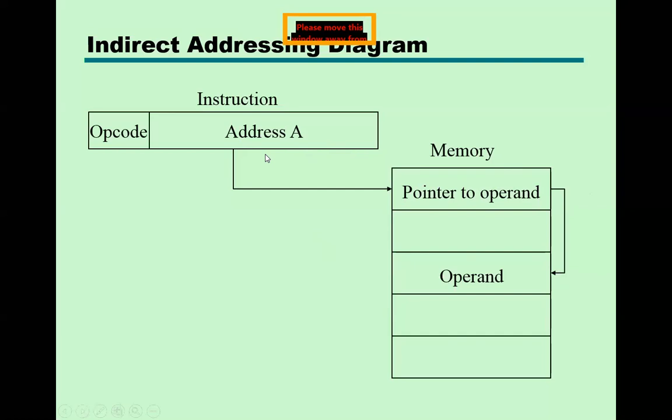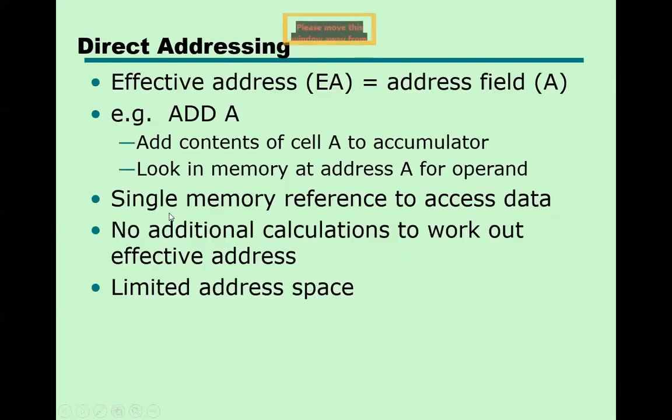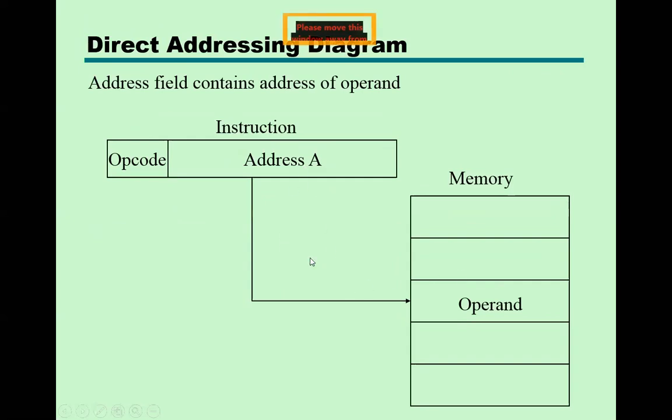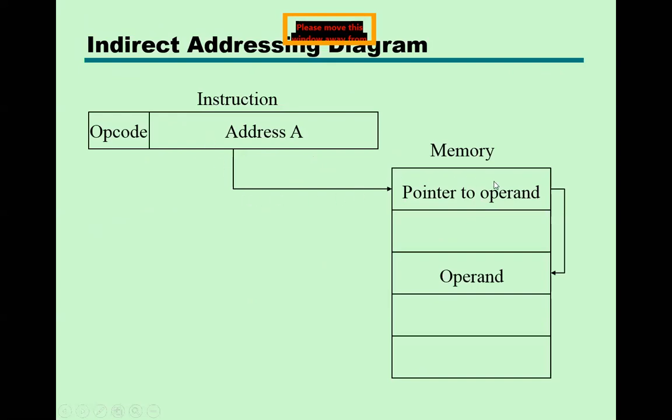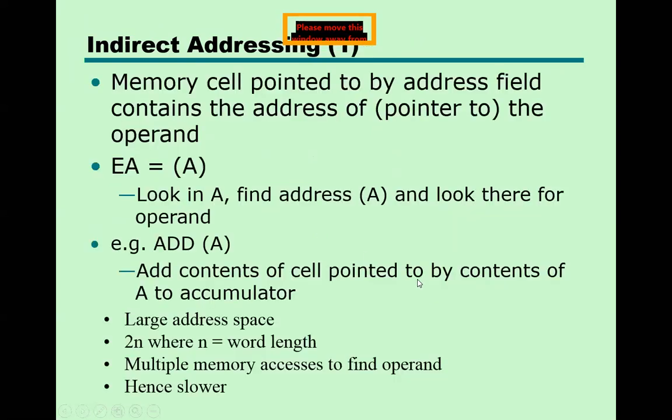In our previous example, the address was for the operand only. But in indirect addressing, your instruction points to a pointer to the operand, and the pointer points to the operand. In this way, multiple instructions can access your operand. Why was the earlier mode direct? Because it accessed the operand directly, but here you access the operand indirectly. That's why the name is indirect addressing mode.